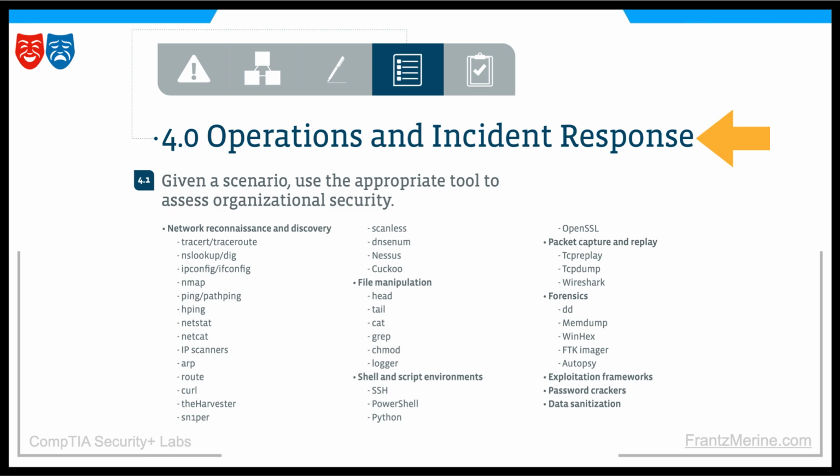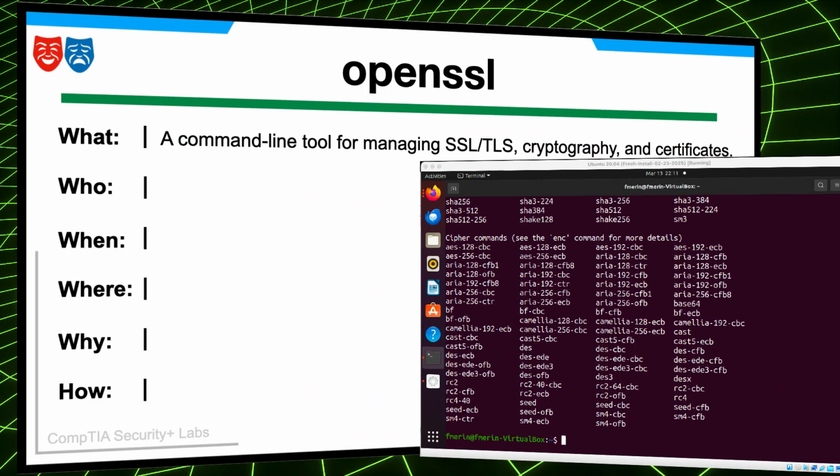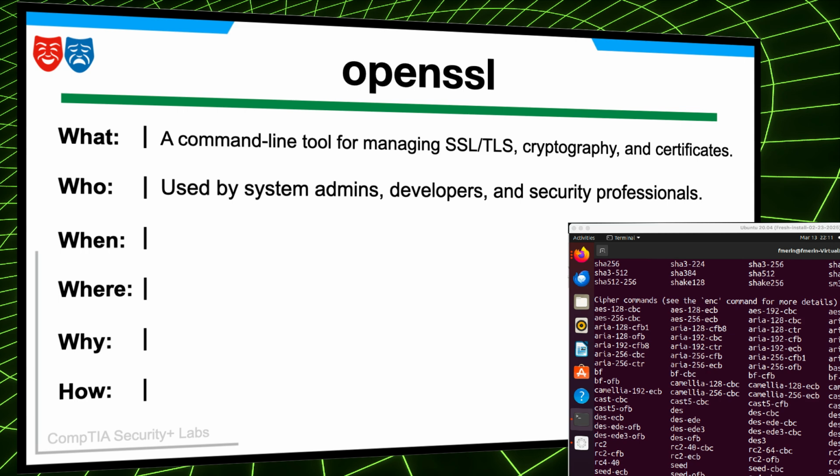So what is OpenSSL? The OpenSSL command is a command line tool used for working with SSL, TLS protocols, cryptographic operations, and managing certificates. It is used by system administrators, developers, and security professionals for managing and testing cryptographic functionality.